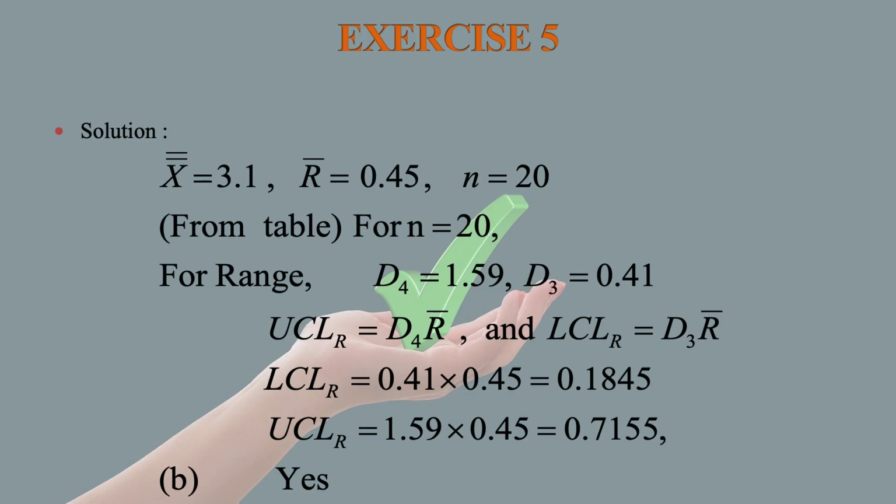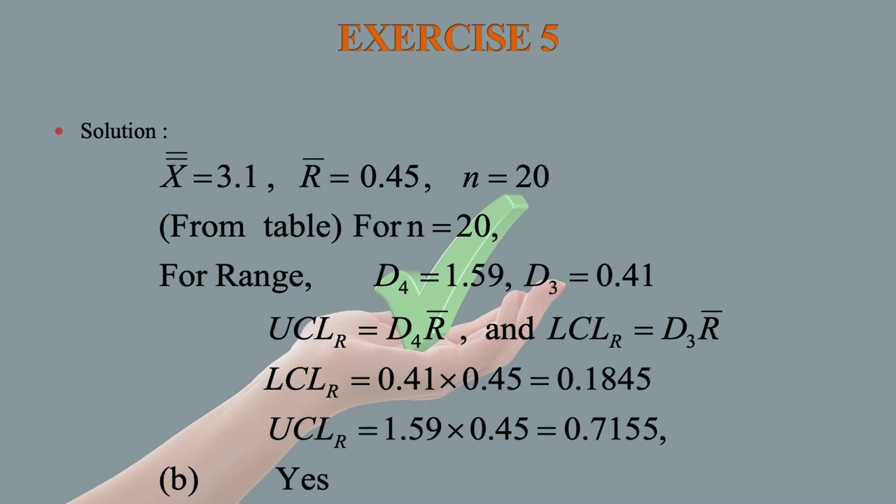But dear learners, you have to be careful when calculating LCL, because sometimes, depending on the values, you may get negative values. In that case, we take the value 0 for LCL. So in this case, we have got the control limits for the mean chart. Now X double bar is 3.1, R bar is 0.45, and n is equal to 20.